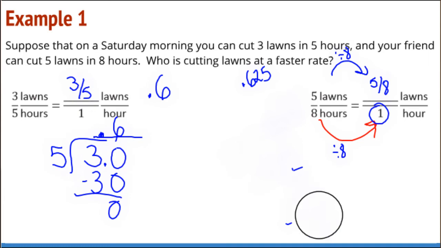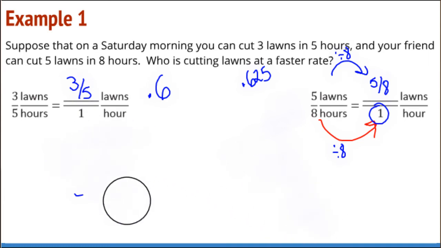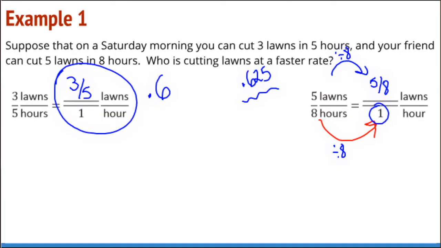So I could at this point compare these two decimals and indicate that the friend is cutting the lawns at a faster rate. So that's one way that I could make the comparison. And in this comparison, I have actually simplified this down to a per 1 hour rate.